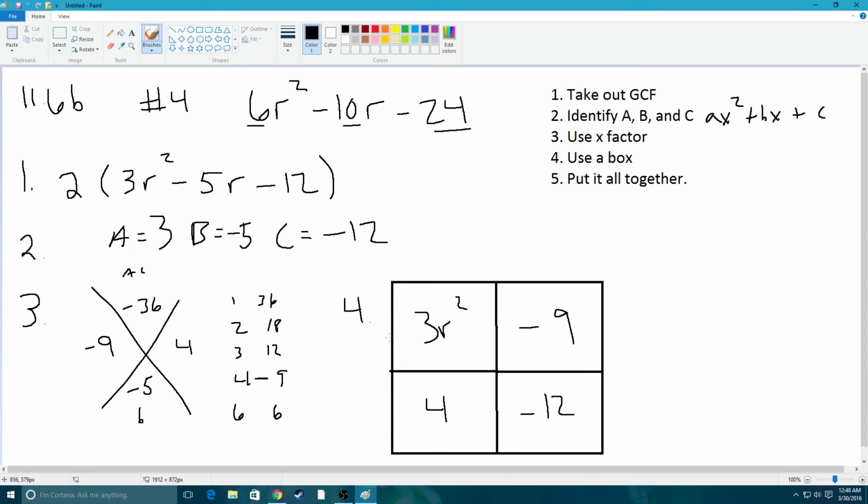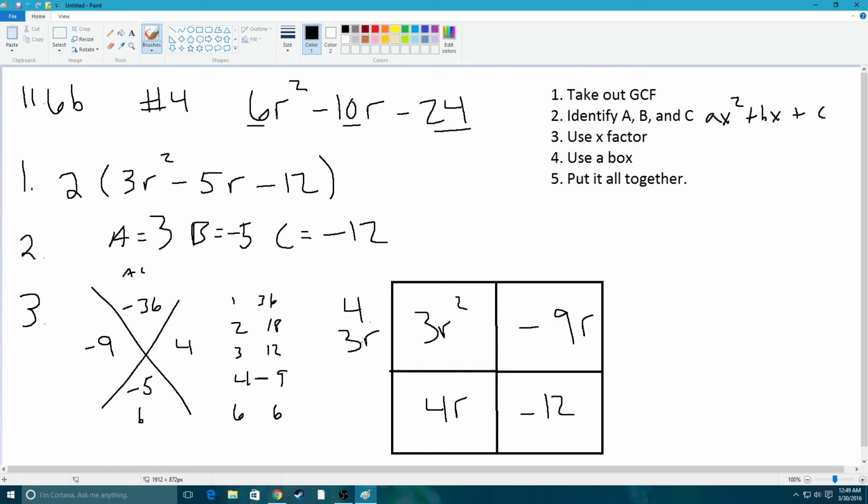So the greatest common factor of 3r squared and negative 9, sorry, these should be x's in here, of negative 9x, they shouldn't be x's, come on, they should be r's. Okay, the greatest common factor of 3r squared and negative 9r would be 3r.